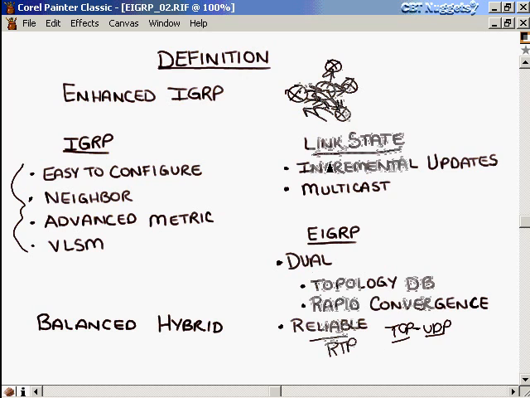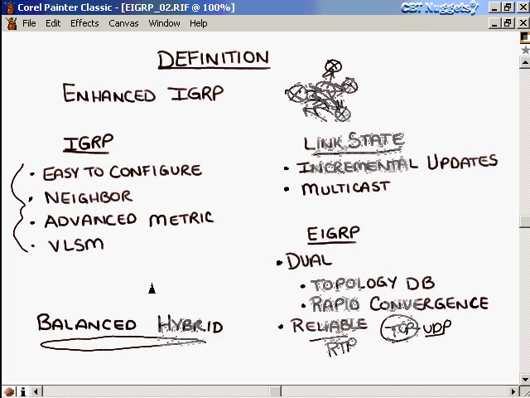It's not the three-way handshake usually associated with TCP. Just keep that in mind. All right. Once all of this was put together by Cisco, the result was a balanced hybrid protocol. You'll also hear that termed an advanced distance vector protocol. Either way, they're talking about EIGRP and what was developed by Cisco.